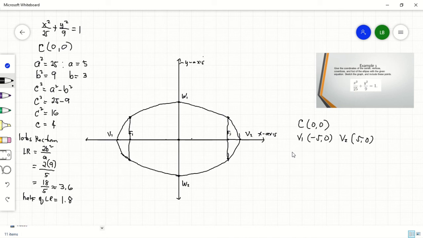Our minor or co-vertex W sub 1 is 0, 3. W sub 2 is 0, negative 3. Our focus is negative 4, 0. And other focus natin ay 4, 0.